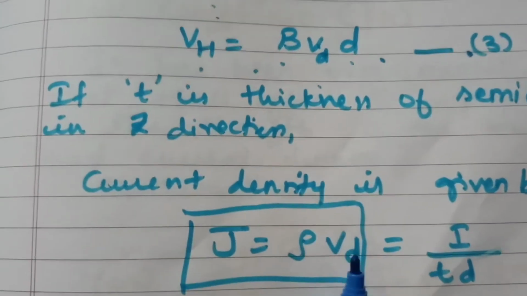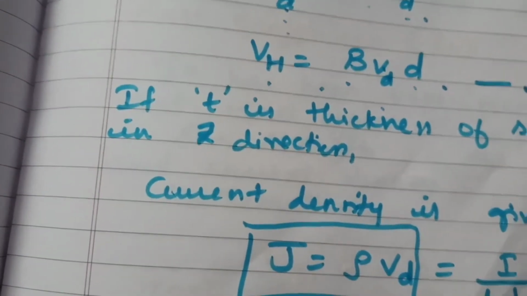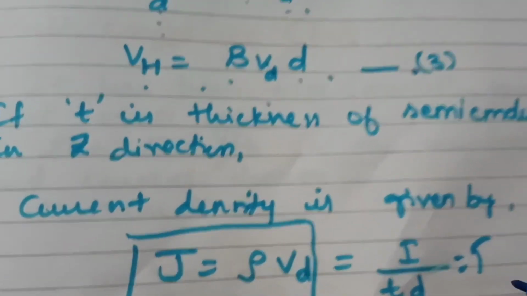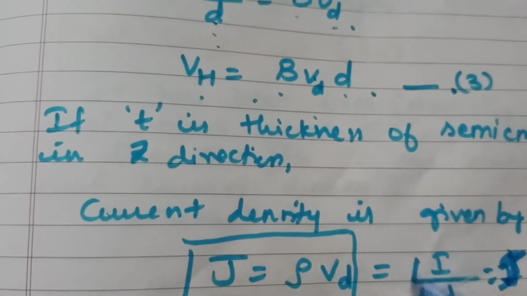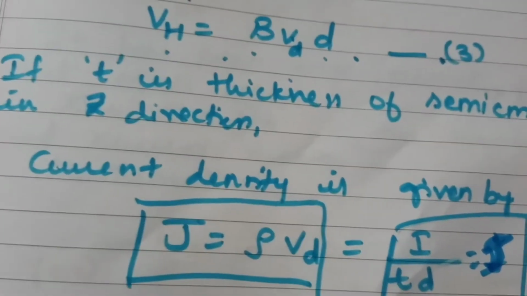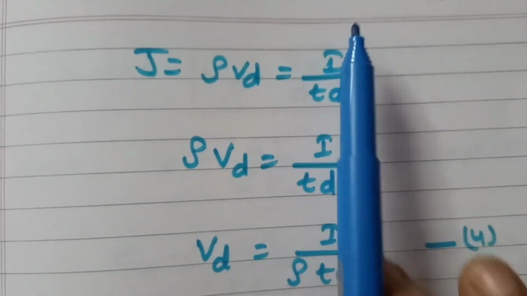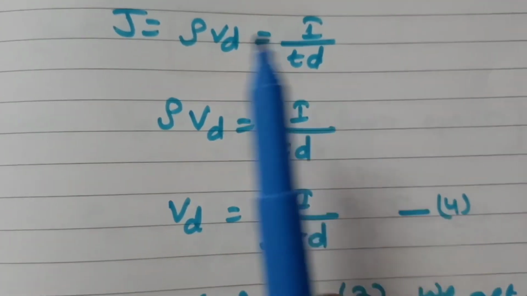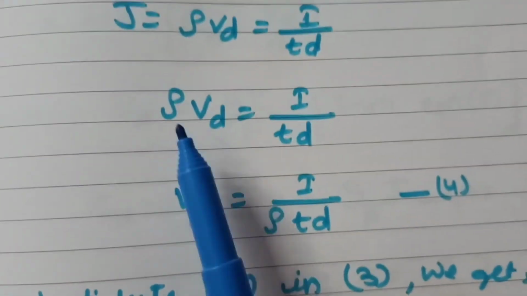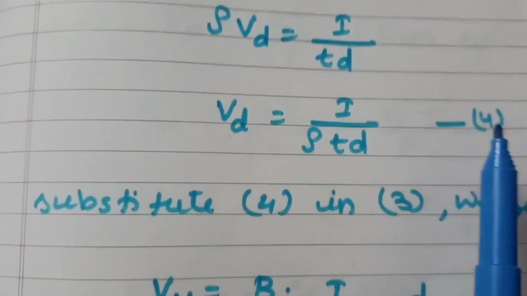There is a video on current density, please check that video. So J is also I by t d. Don't get confused, this is J. So rho Vd is equal to I by t d. From this, Vd is equal to I by rho t d. Consider this as fourth equation.